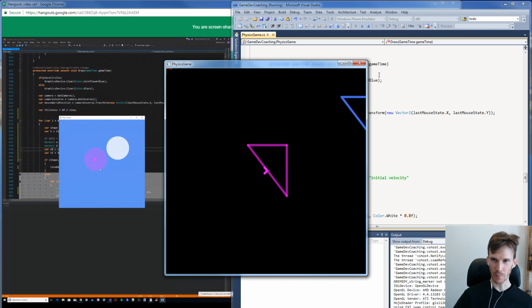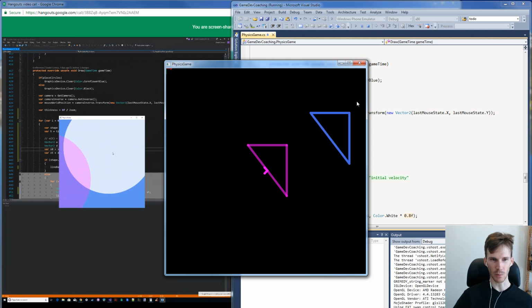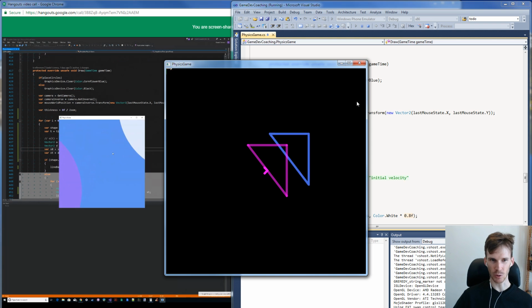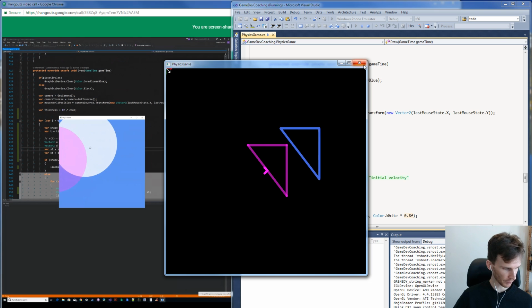If we expand upon this, that's going to be really useful for even just general animation, even if we're not colliding stuff. If we have a user interface and we want the buttons to scroll out, we'll give them some velocity and off they go.